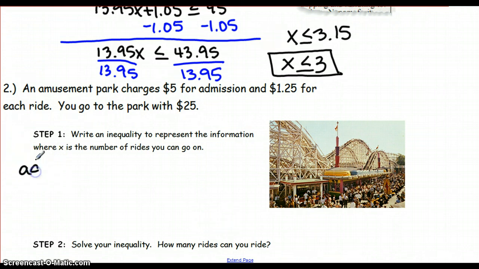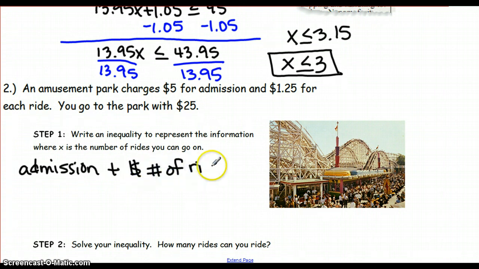So we have the cost of admission plus the cost, the dollar amount, for the number of rides you go on. Whatever that equals, we only have $25 to spend. So this total value has to be less than or equal to the amount of money we have to spend.